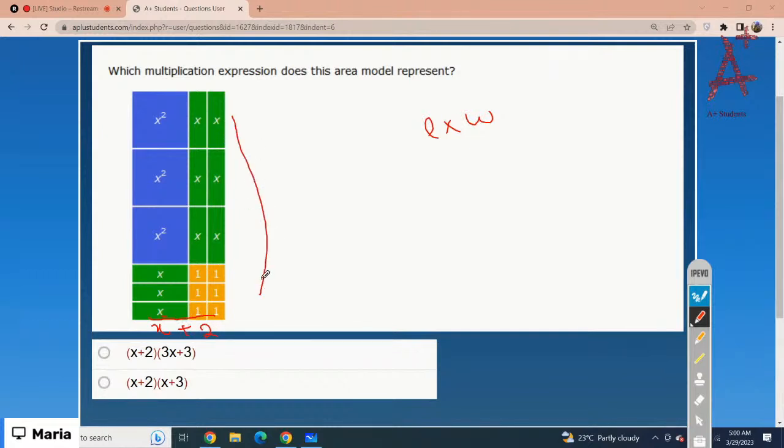And when you look at this row, here you have 1, 2, 3 tiles for the x, so it would be 3x, and 1, 2, 3, so it would be 3x plus 3. So the multiplication expression would be 3x plus 3 times x plus 2. So option number 1 is the correct option.